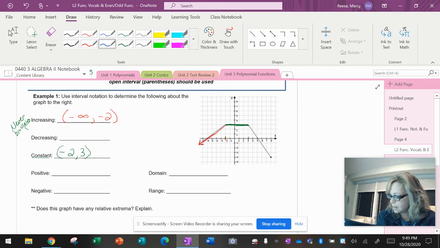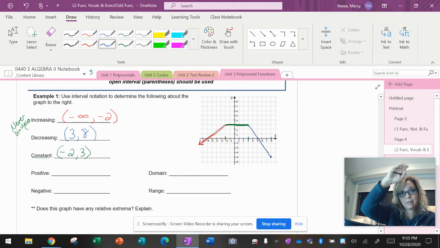And then from 3 to 8, it is going down the hill. Starting when x is 3 to 8, it's going down the hill.